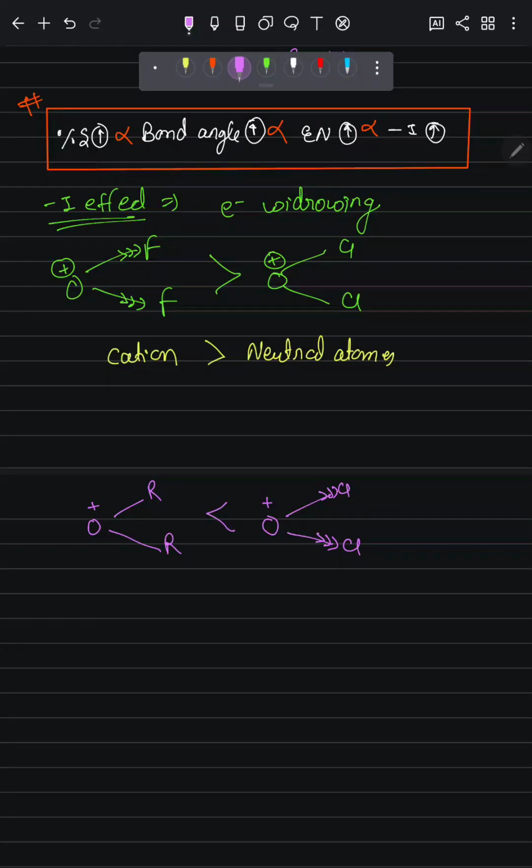So this oxygen will attract more electron withdrawing group. So this oxygen will become more electronegative, with more electron withdrawing nature. And we know that this R group will show plus I effect, or it will donate electron density, and it will make this oxygen a little less favorable to attract electron. So minus I order is more preferred here.